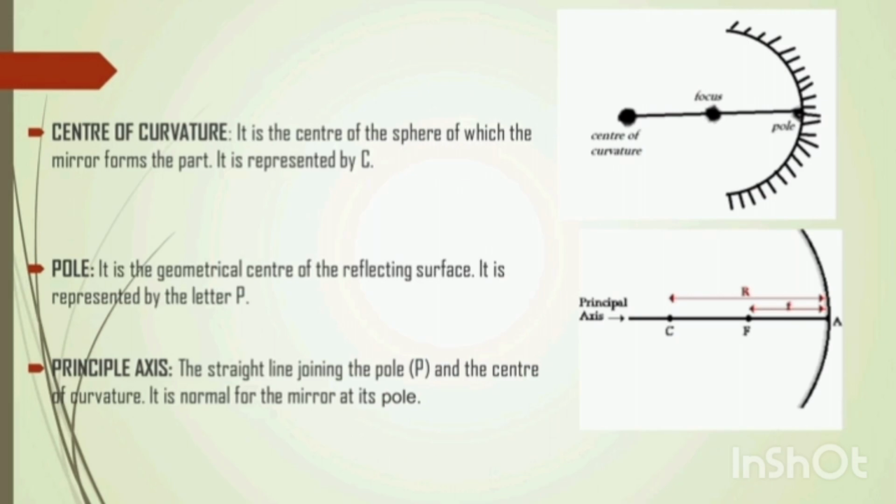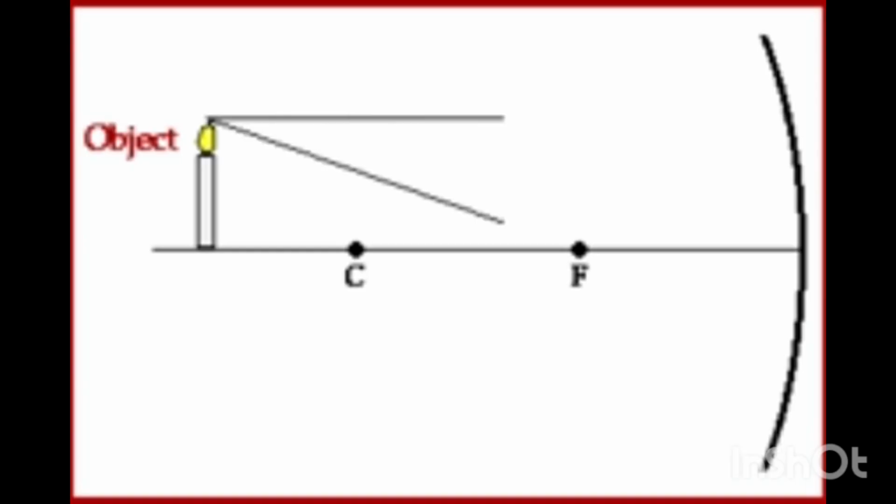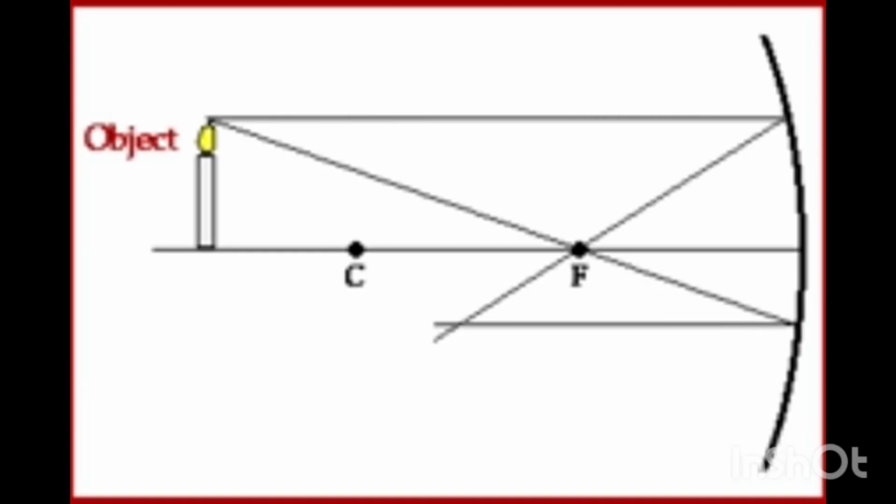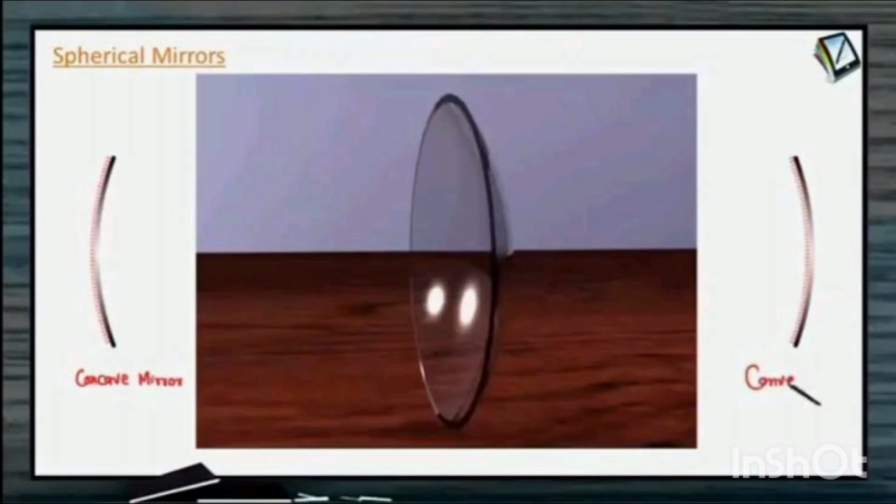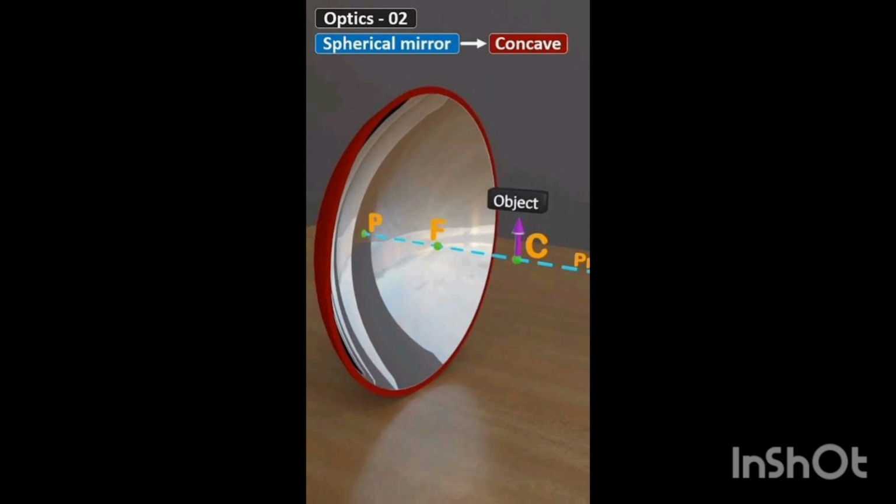Here, it is much easier to imagine in a two-dimensional figure. The concave mirror is actually a part of a big sphere. We have cut it in and we are doing the experiments. In order to find its center point, we have to think of the center of the sphere to which the concave mirror belongs. The line drawn from C to any point of the mirror gives the normal at that point.